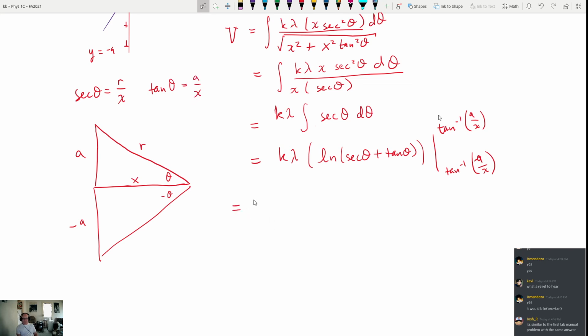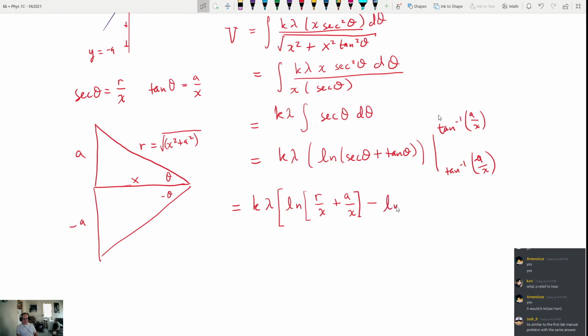So I think what we get is k lambda times the natural log of secant theta, which should be r over x, plus tan theta, which should be a over x. We can rewrite r as the square root of x squared plus a squared if we need to.